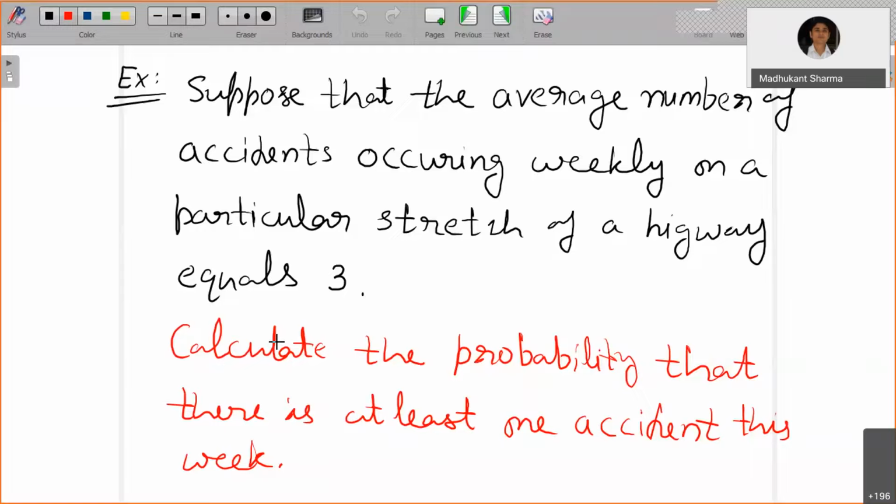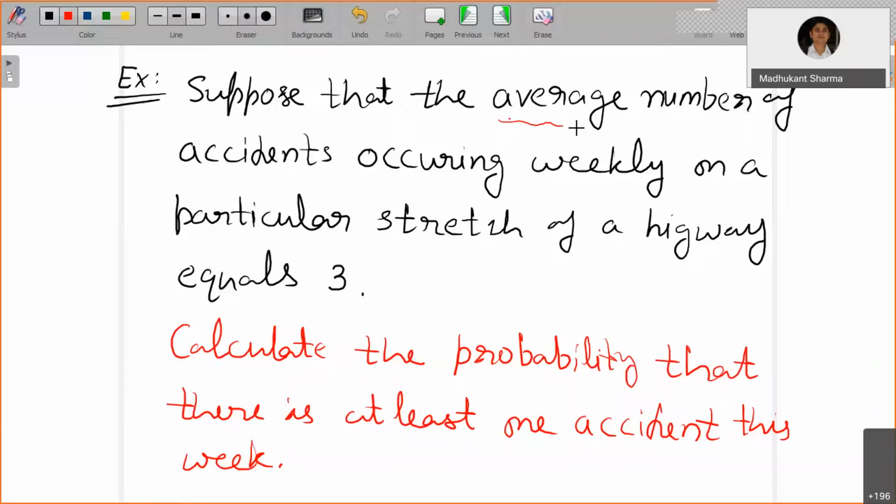One more important thing is we only have the information that the average number, so the mean, is given to you. We have no more information than that. So it's quite good to model this by the Poisson distribution, because for that we only require the parameter lambda, which is nothing but the mean of the distribution.